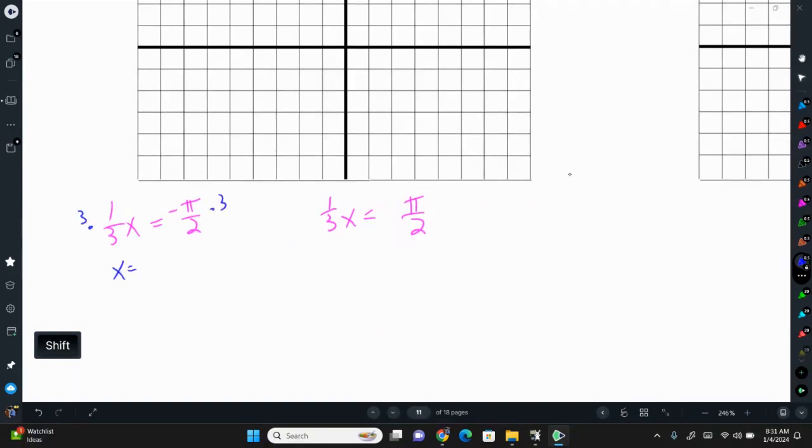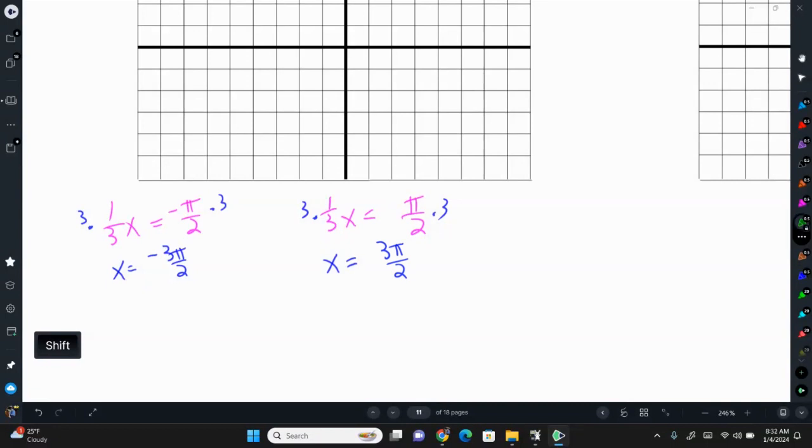We get x equals negative 3 pi over 2, and x equals positive 3 pi over 2. So that's where our first asymptotes are going to be.